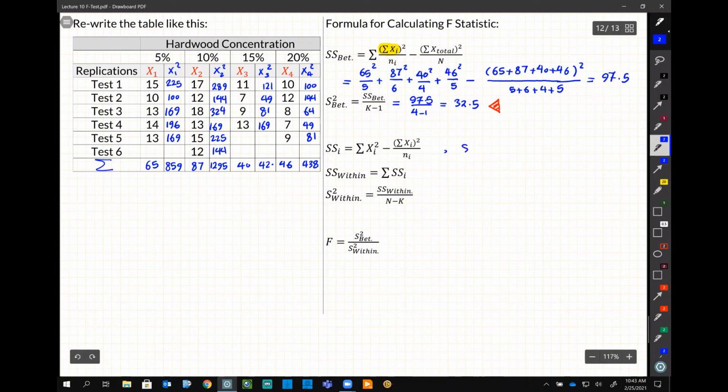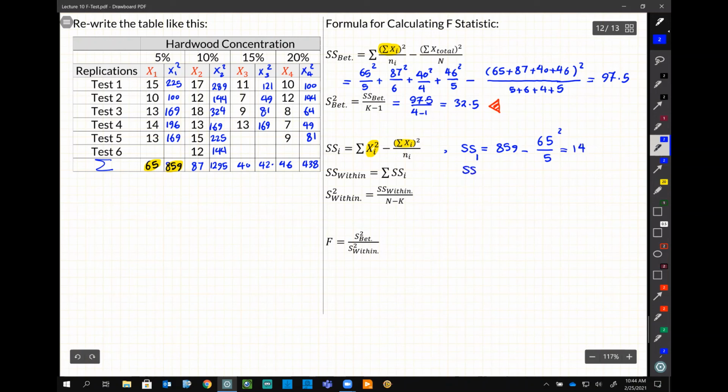Let's say SS1, sorry, SS1 is going to be 859 minus 65 squared divided by 5. Am I right? Yeah. It is this number, the sum of this number, which is here, and then the square of the sum, which is this value, divided by n. So that gives me SS1, 14.